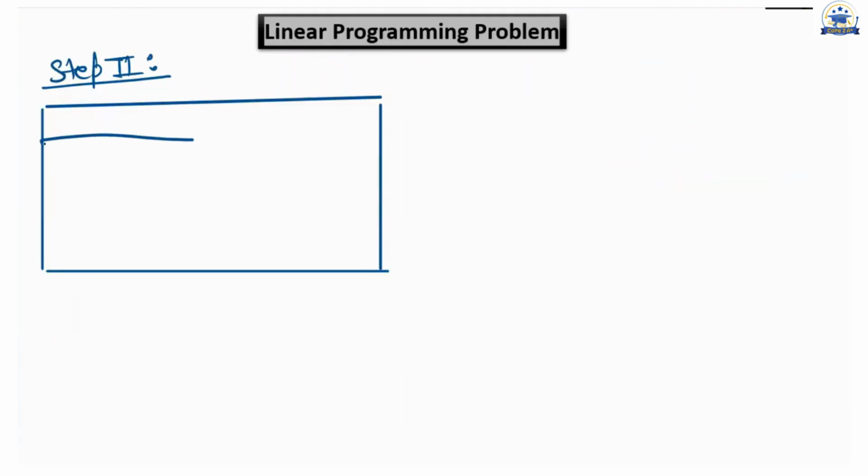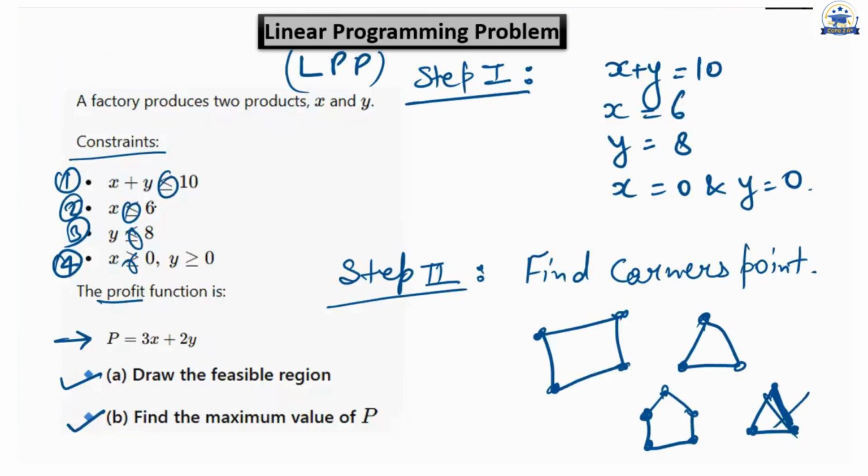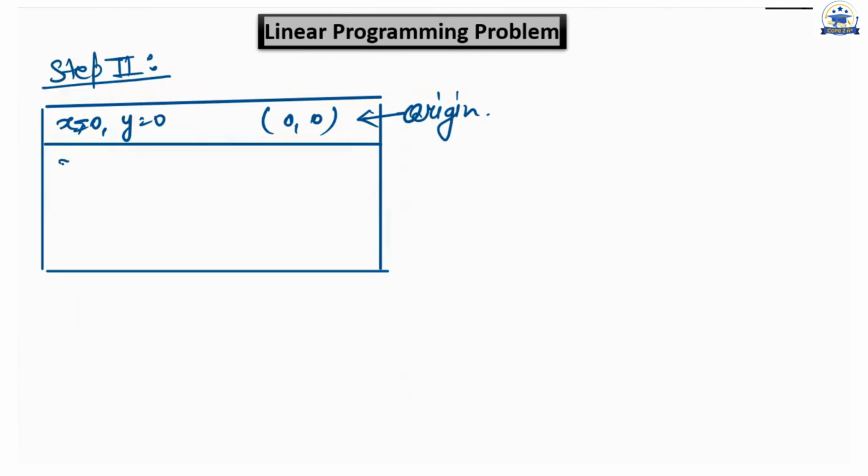Now let's start finding the corners. How can we find them? First of all, x equals 0, y equals 0. What does it mean? We have 0, 0. This is your origin. Origin point is also given, right? Now, x equals 6. If x equals 6, then y would obviously be 0, right? On the x-axis, if x equals 6, y would be 0. So the coordinates are 6, 0.